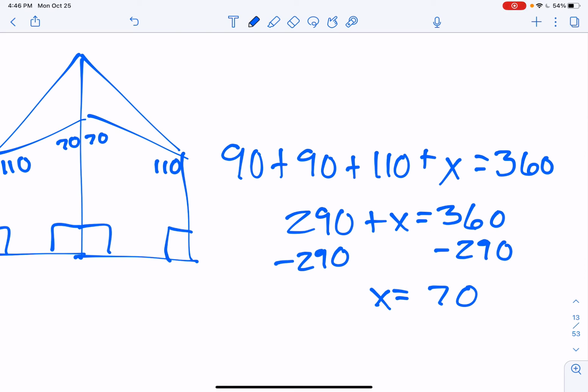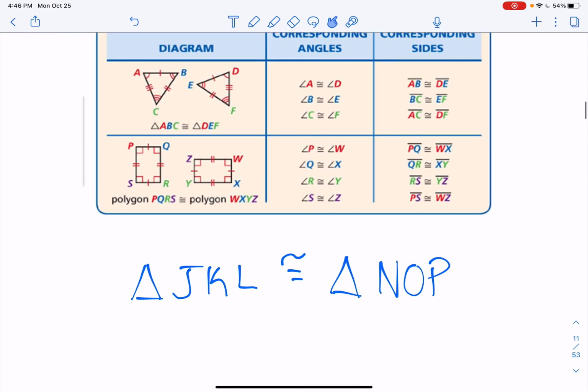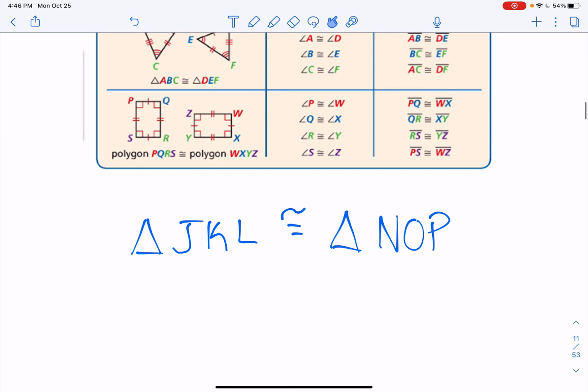And then the last two are going to reference these things above here. So if it says something like JL is 10, then what else do I know? Well, JL is right here.